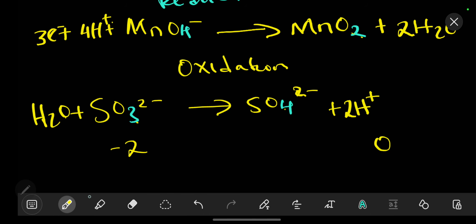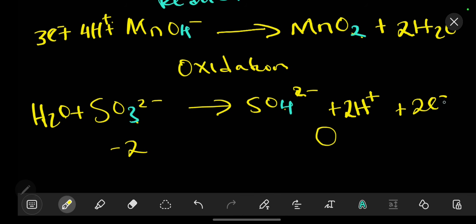So to get to a negative 2, we need to add 2 electrons on this other side so that both of them can have an overall charge of negative 2. As you can see, 0 is greater than negative 2, so we need to add 2 more electrons on this other side.